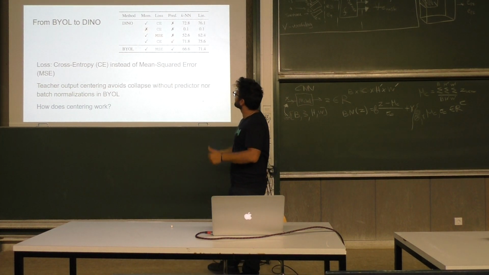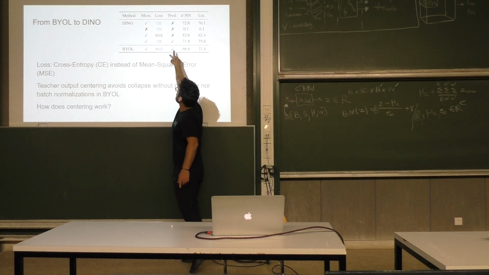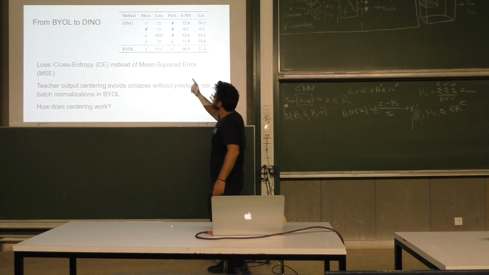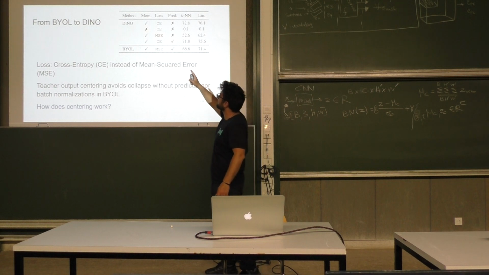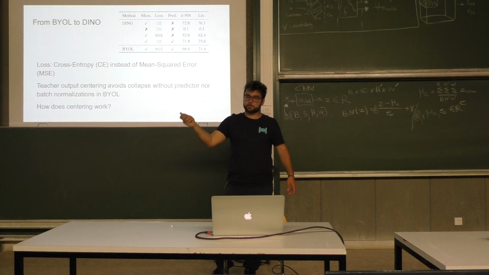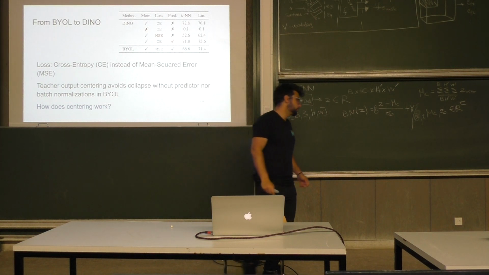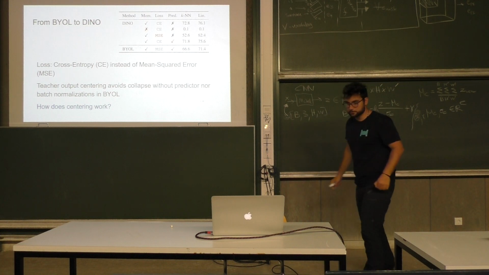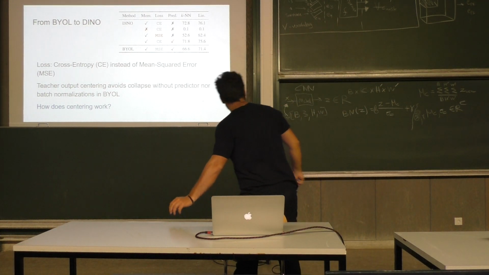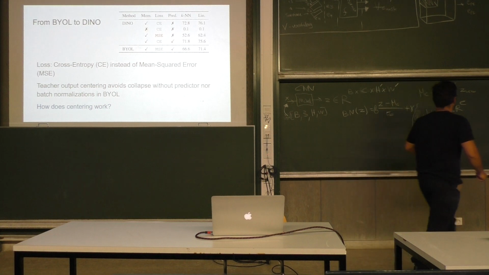First, you need to remove the predictor here. Second, you need to add cross entropy instead of mean square error. Again, mean square error with normalized features is exactly the same as cosine similarity. I will write it down here.